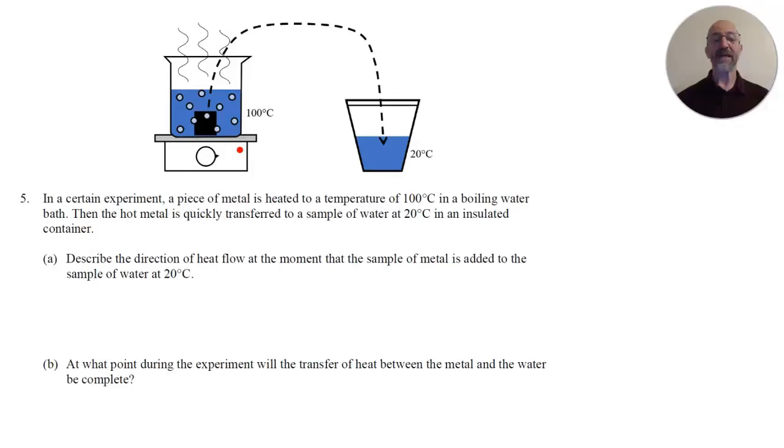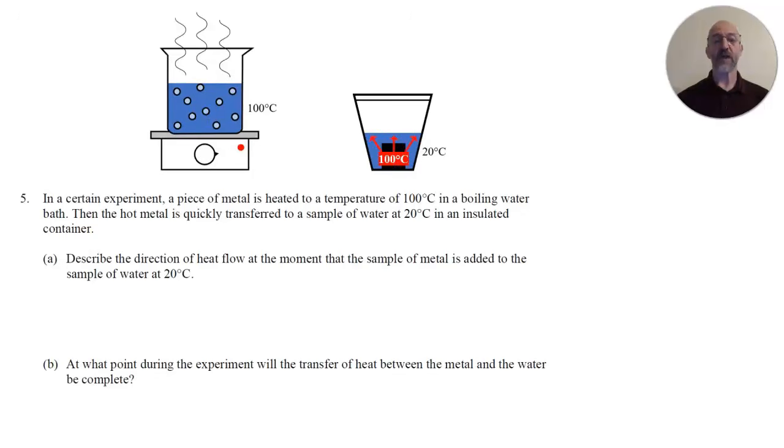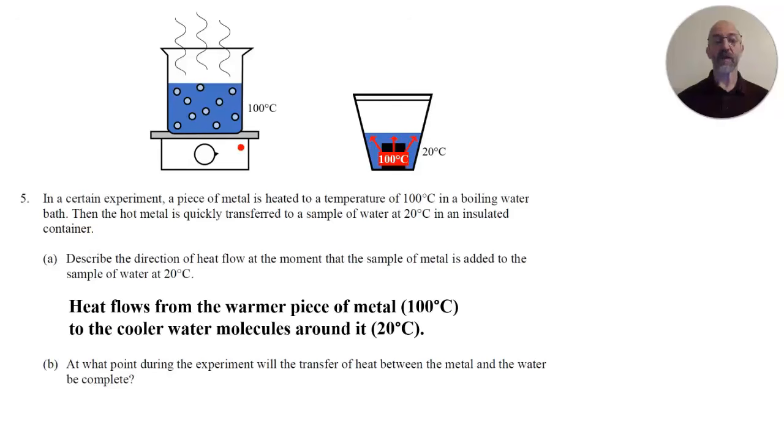of water. So heat normally flows from a warmer object to a cooler object. So at the moment that the hot metal is added to the cooler water, the heat would flow from the warmer piece of metal at 100 degrees Celsius to the cooler water molecules around it at 20 degrees Celsius.